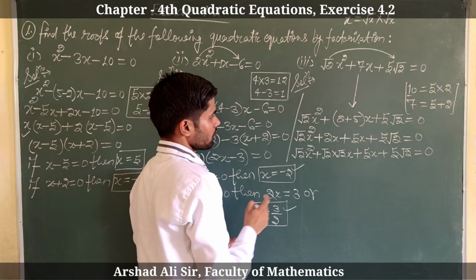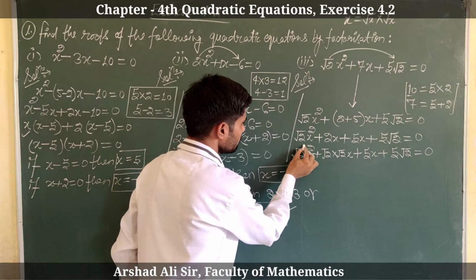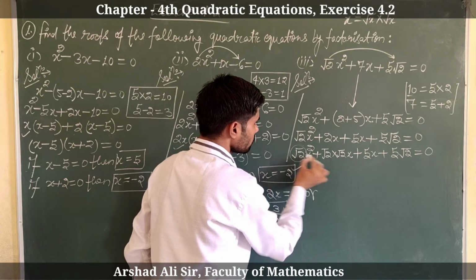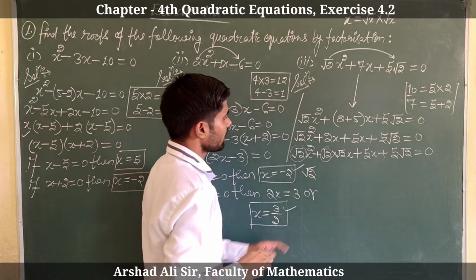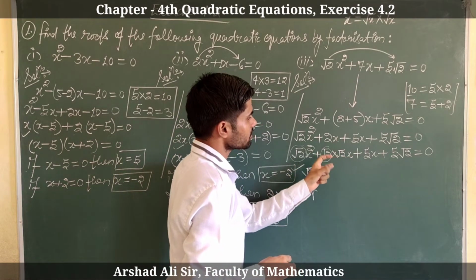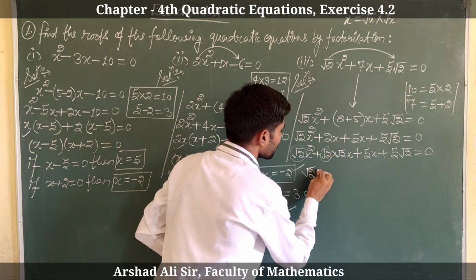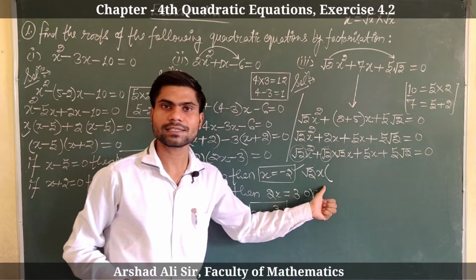Now from the first two terms we can take root 2 as a common, root 2 and root 2. Okay, we can take root 2 as a common, and here power of x is 2 and here power of x is 1, means we can take x as a common. Total we can take root 2x as a common.